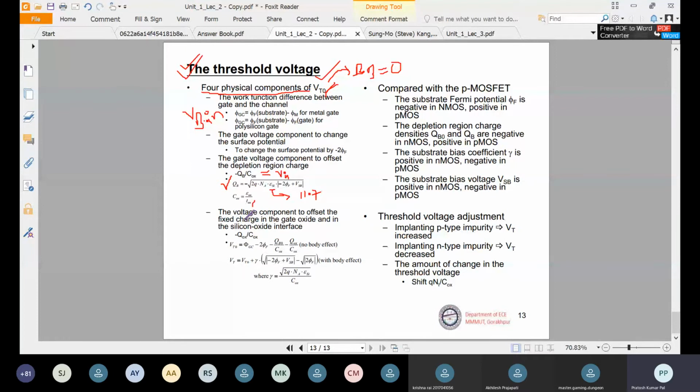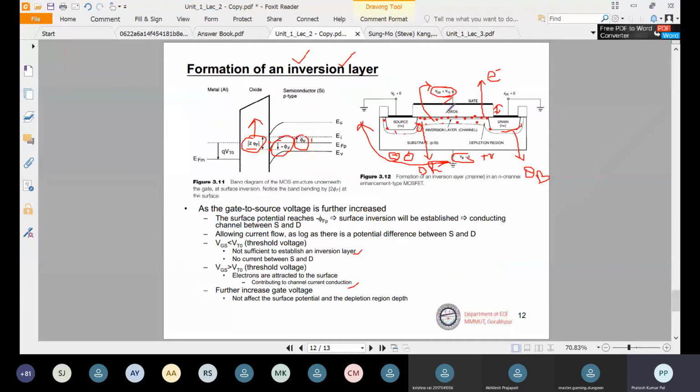Like what happens, even if the oxide is a non-conductor, it is an insulator. Okay, the oxide is an insulator. Even though, there will be some immobile charge carriers present at the gate and oxide interface and the oxide and semiconductor interface.